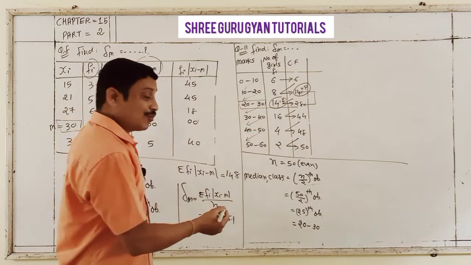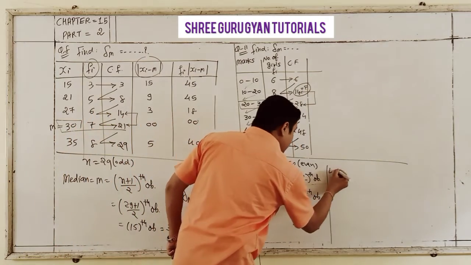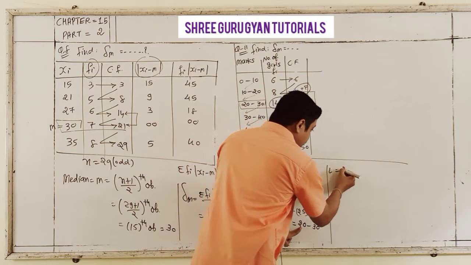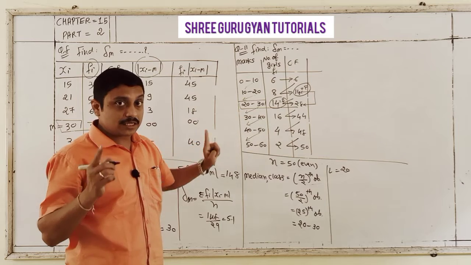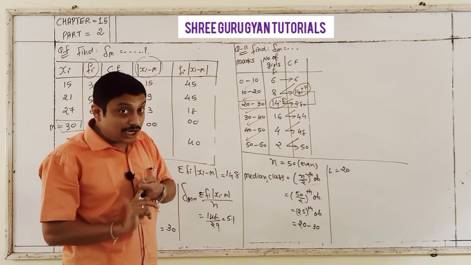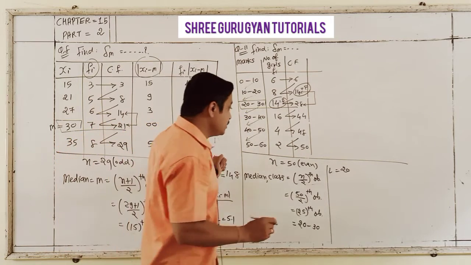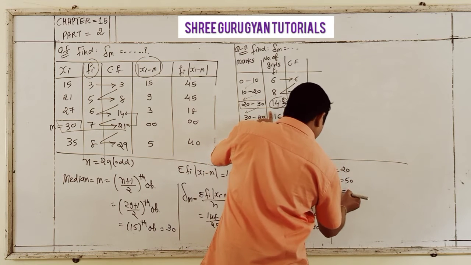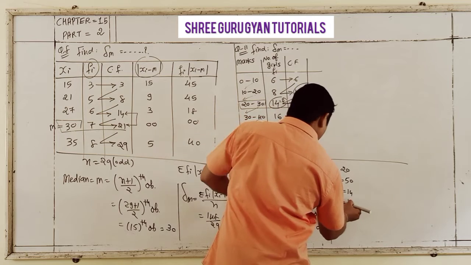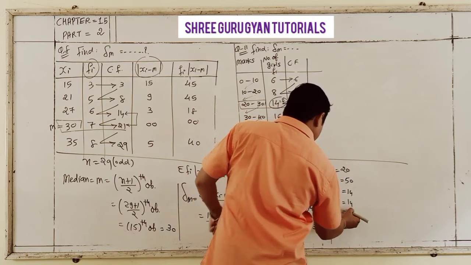And go to your formula for the median: L is the lower boundary point 20, because our data is continuous, that's why 20, but if it is not continuous data we can't write down 20. Now L is 20, small f is 14, big F is 14, and class length C is only 10.